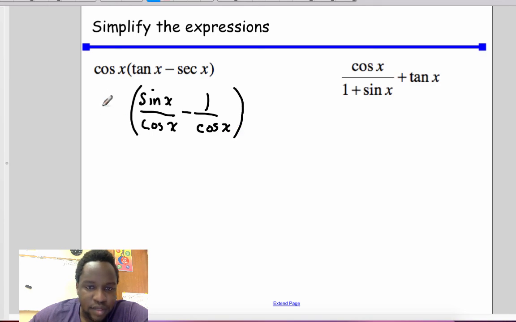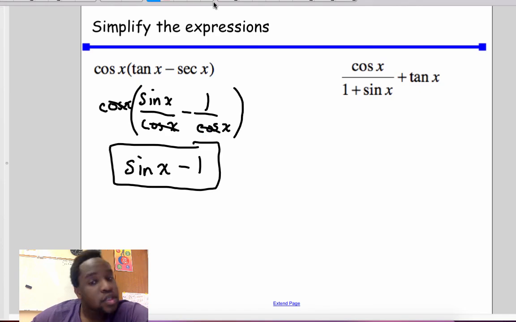And then we have times cosine x. Actually, we don't even need to distribute it through. I changed my mind. Let's make life a whole lot easier on ourselves. Since cosine is in the denominator for both of these, the cosines cancel out, and we're left with sine x minus 1.